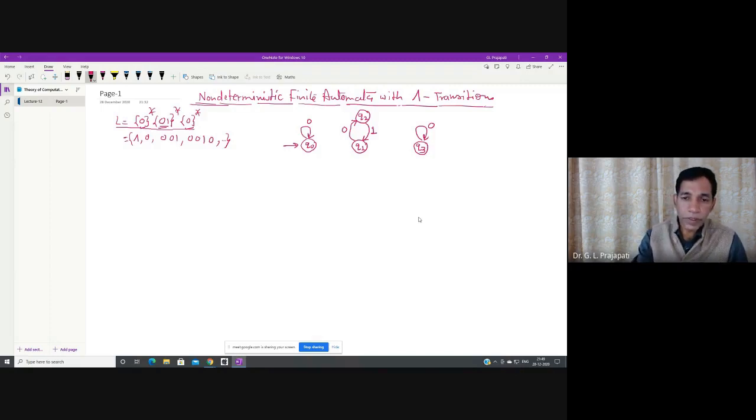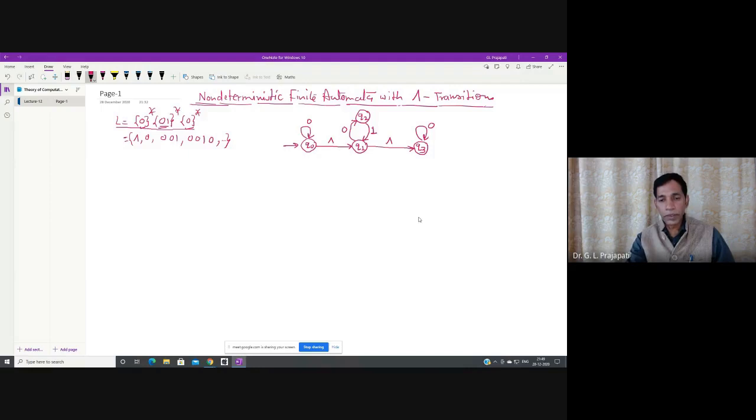The intuition of this kind of machine is that once you have read the zeros, then you can go for the 0101 any number of times. So from Q0 you can move to the state Q1 by making the null transition. And similarly, once you finish this part, then you can go to the state Q3 for accepting the zeros by the null transitions.